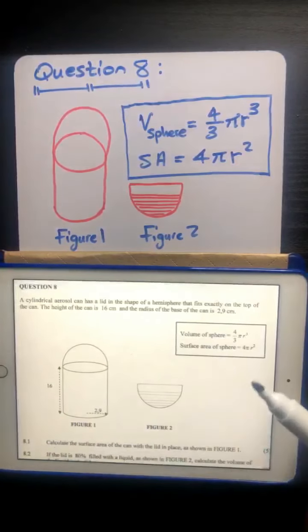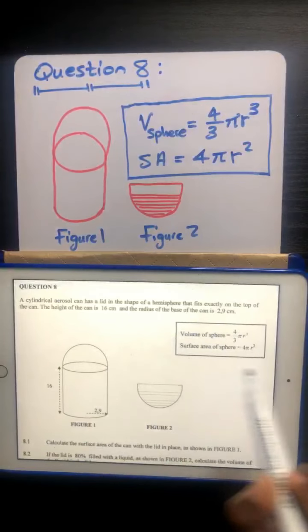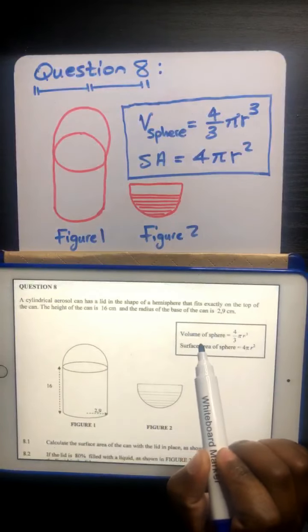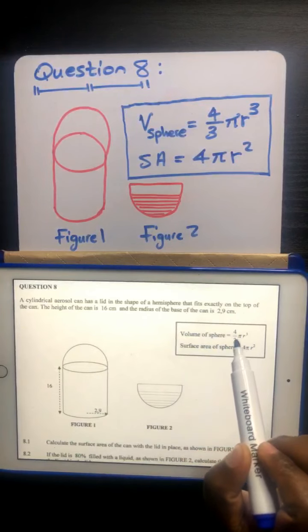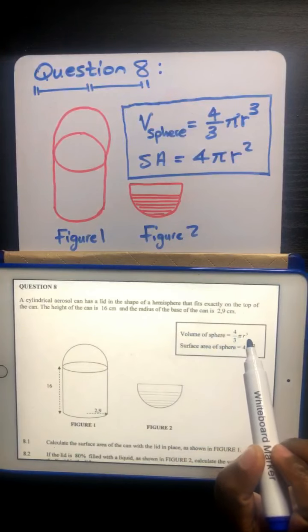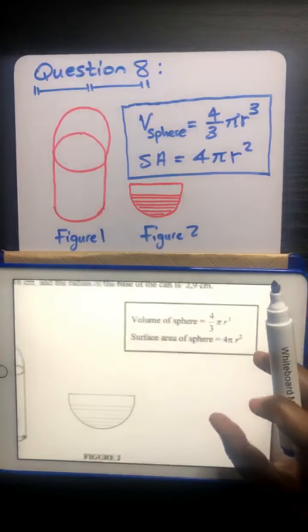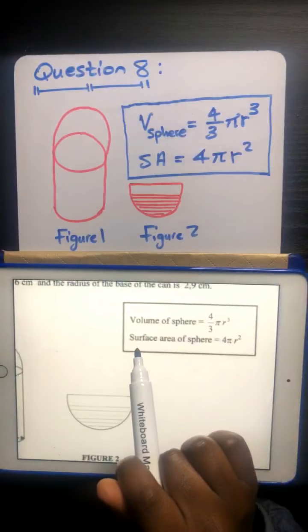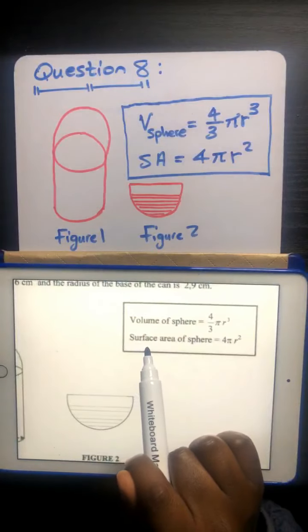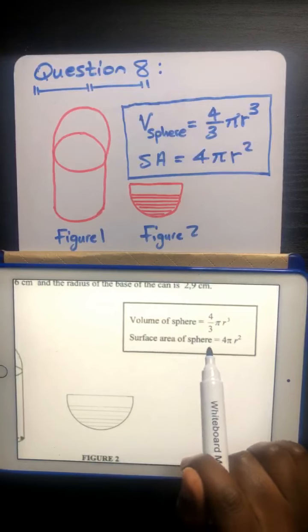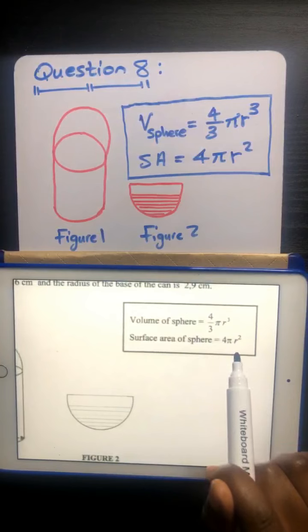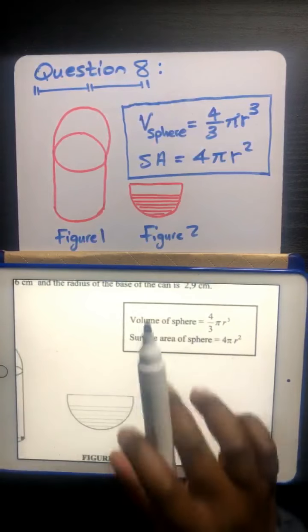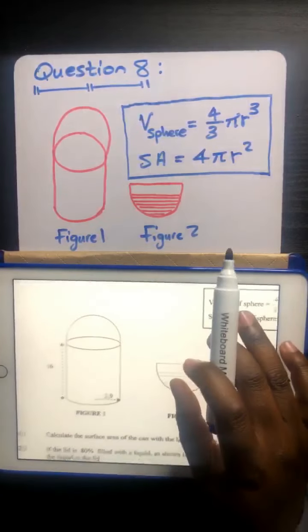And again, we are given the volume of a sphere, which is equal to 4 over 3 pi r cubed. And again, we are given the surface area of the sphere, which is equal to 4 pi r squared. Very, very much important, ladies and gentlemen.